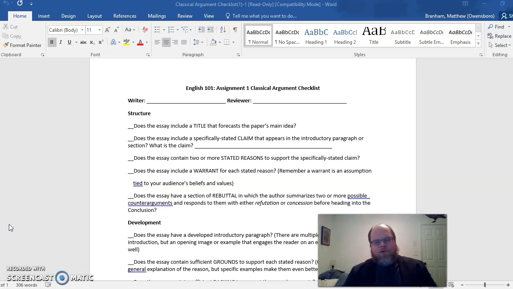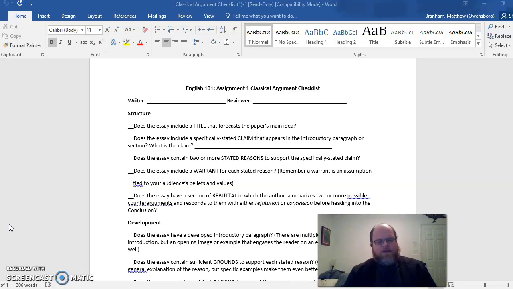Then we have 2 or more body paragraphs in the essay devoted to stated reasons. Stated reasons, generally stated as because clauses, are supporting points for your claim. So those should be in there. And a good way to think about stated reasons is as topic sentences for the first couple of body paragraphs of your essay.